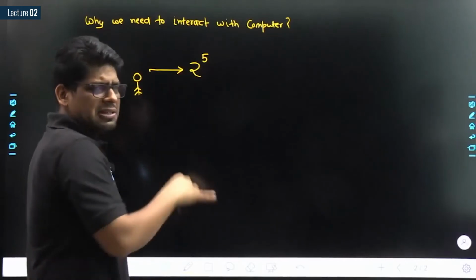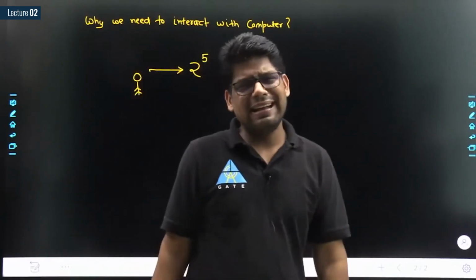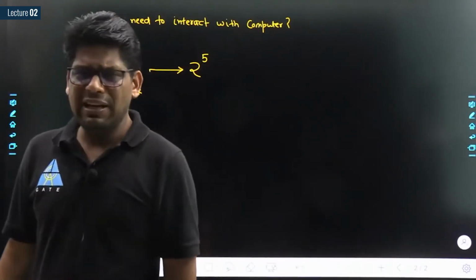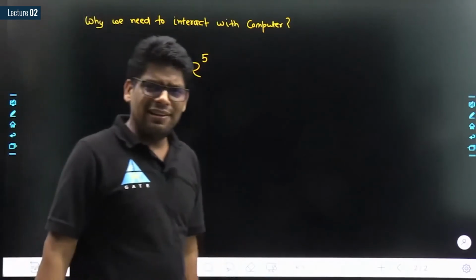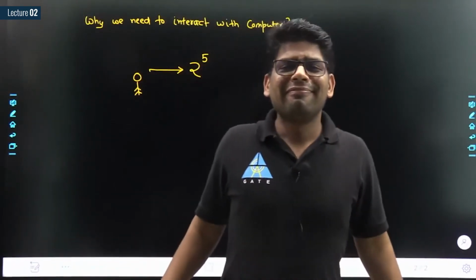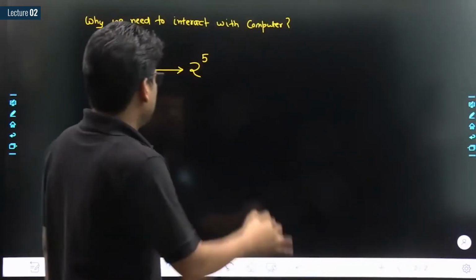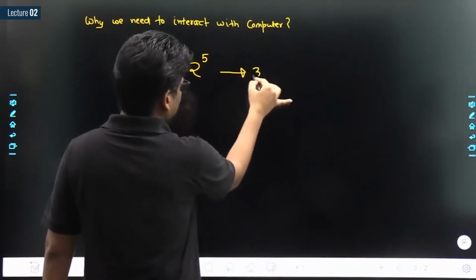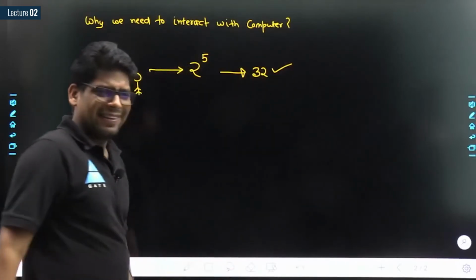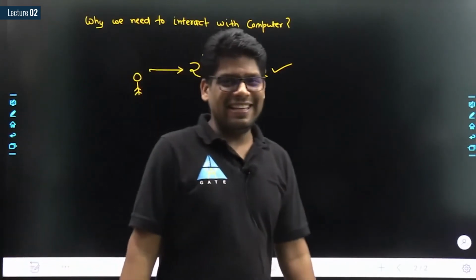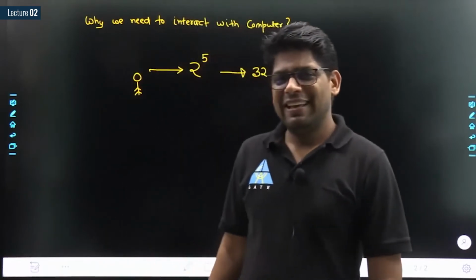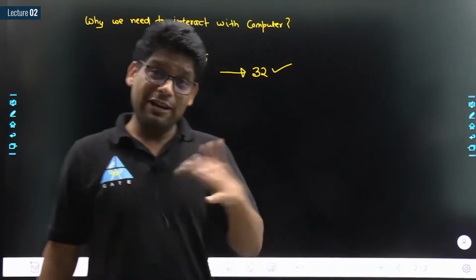Everyone says you are very intelligent, can you answer this? I'll say, okay, yes, I know the answer, and the answer is 32. Okay, I'm happy. You are trying to insult me? No. Okay. The student is more clever.